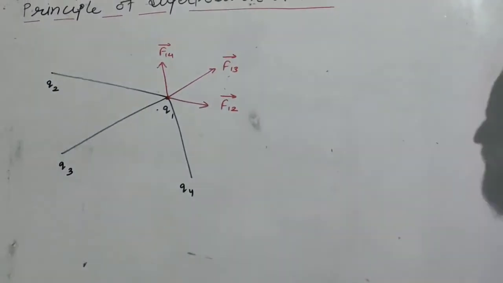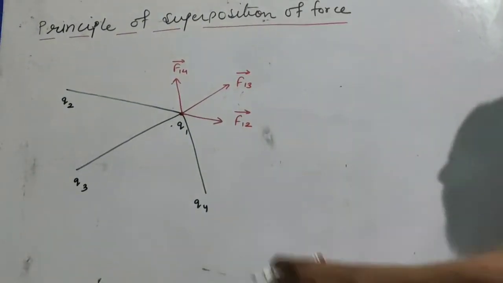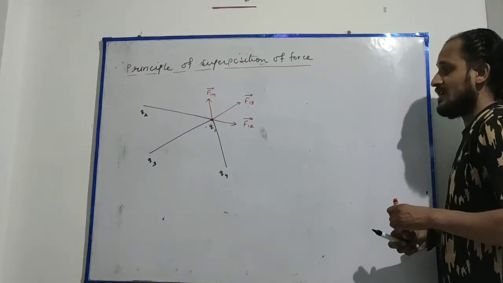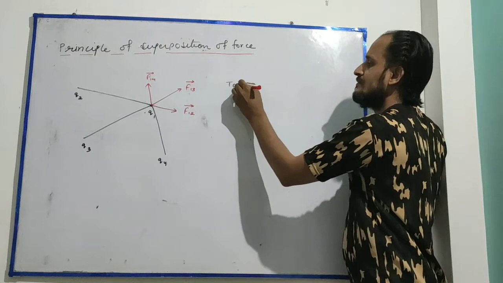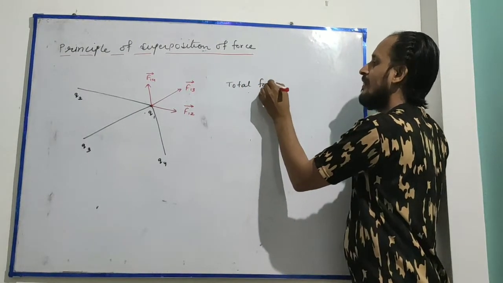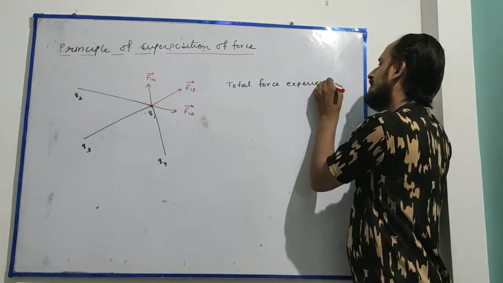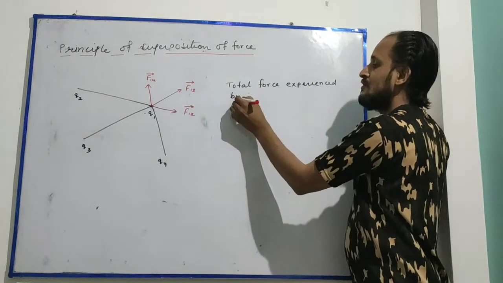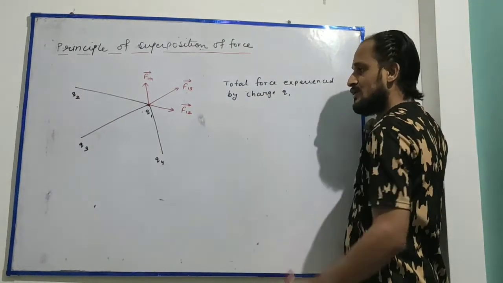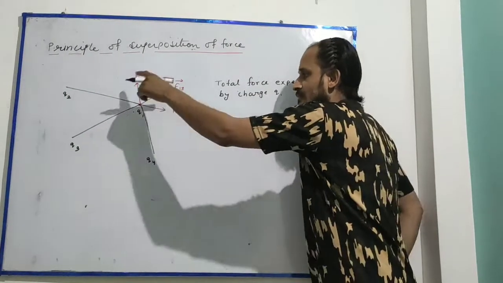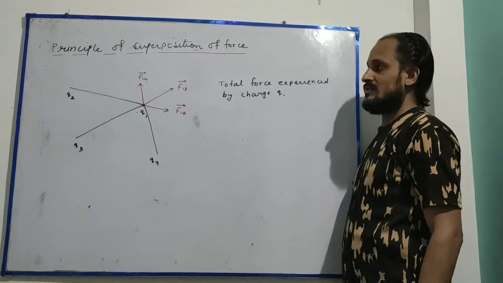Then what is the total force? Suppose there are n charges. What is the total force experienced by charge Q1? The total force experienced by charge Q1 is equal to the vector sum of forces exerted by individual charges.